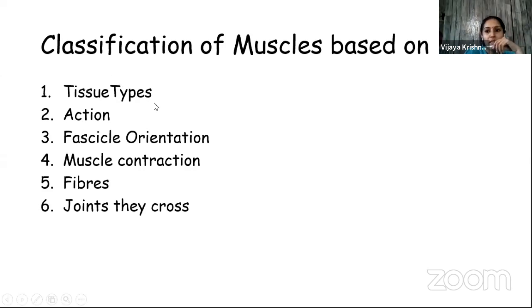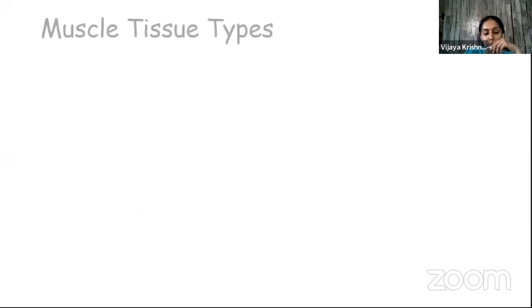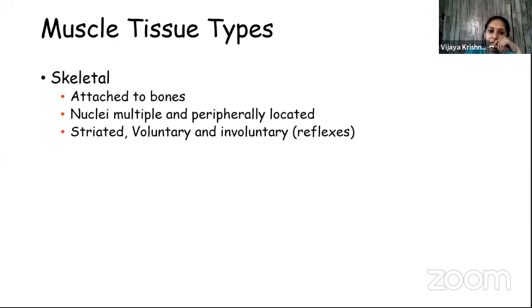First one, based on the muscle types. What are the different classifications? First, as we covered earlier, is the skeletal muscle. It is attached to the bones, has multiple peripherally located nuclei, is striated, and can be voluntary.